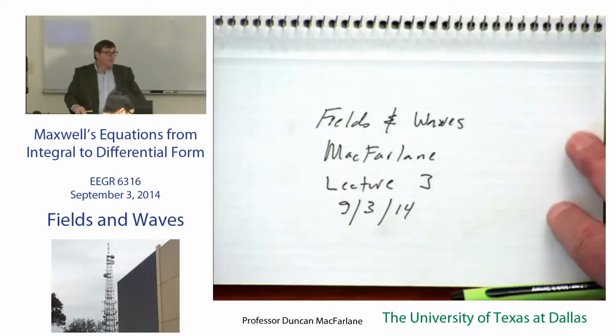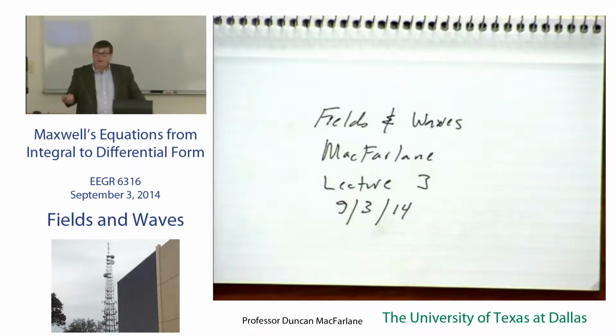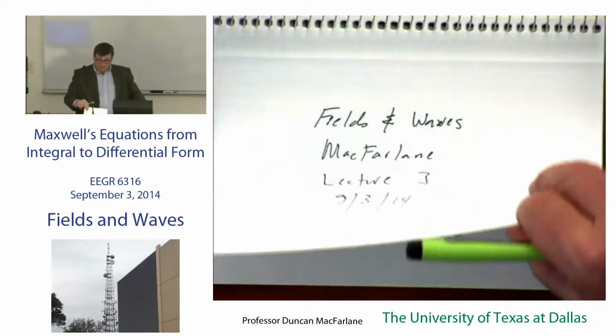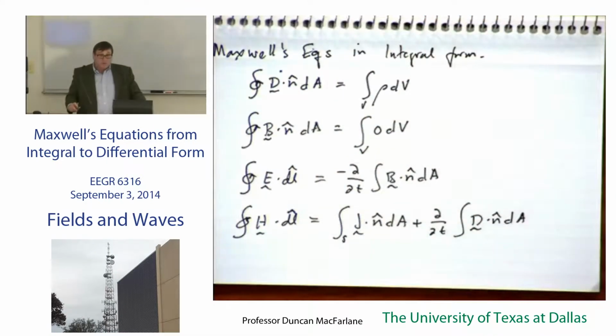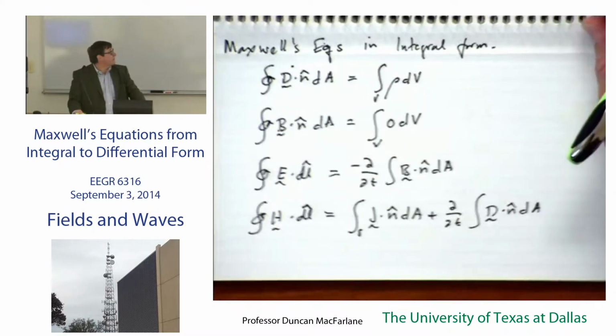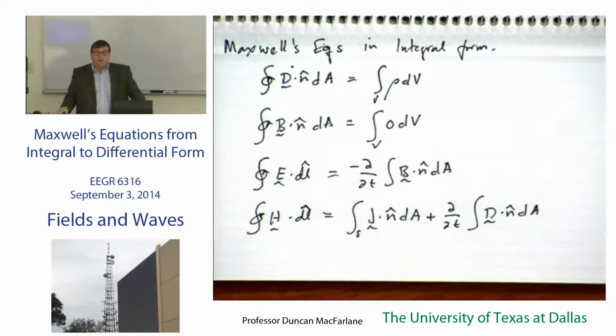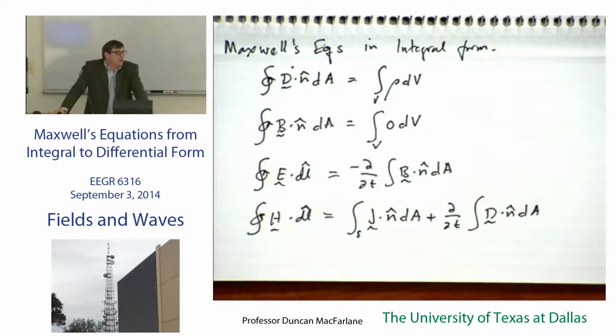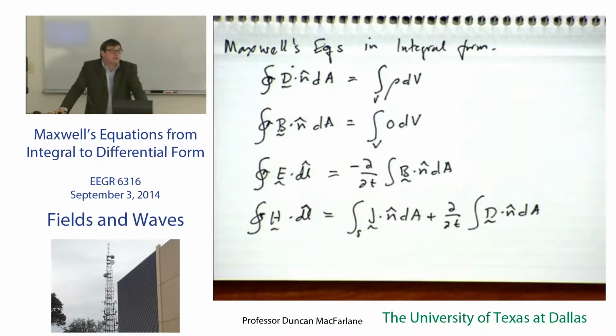So this is our third lecture. We've done a lot of mathematical preliminaries, and where we left off last time was what I consider to be a reminder to you guys, Maxwell's equations in integral form. And I'm betting many of you first encountered these at the end of your high school physics course.